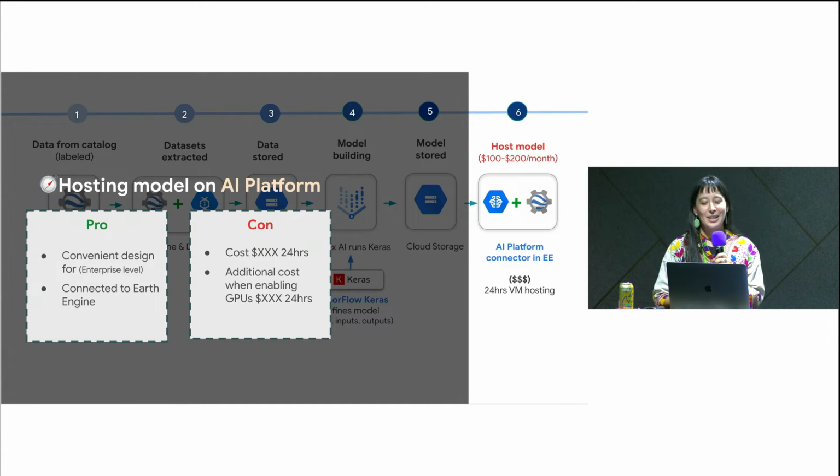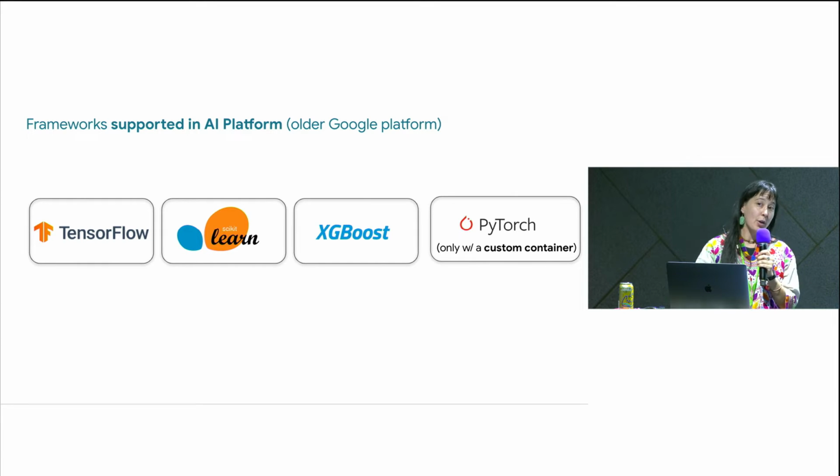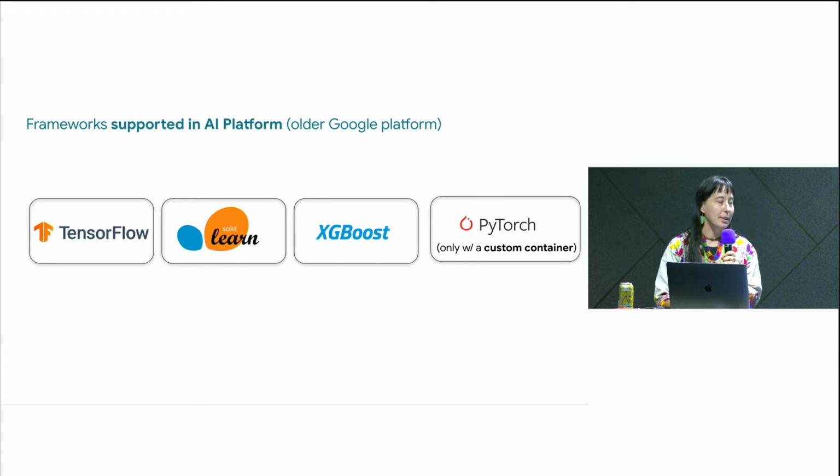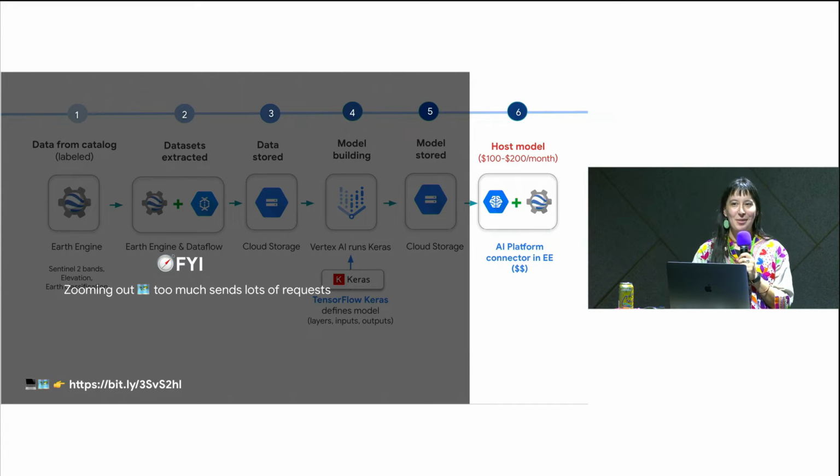Just know, though, that it's a 24-hour paid service, and so it can cost you upwards of $100 or more a month to host your model to stream predictions. AI Platform supports TensorFlow, scikit-learn, XGBoost, and it can also do PyTorch if you use a custom container. Also, just be mindful of the zoom level, because that can also affect how many requests you're sending.